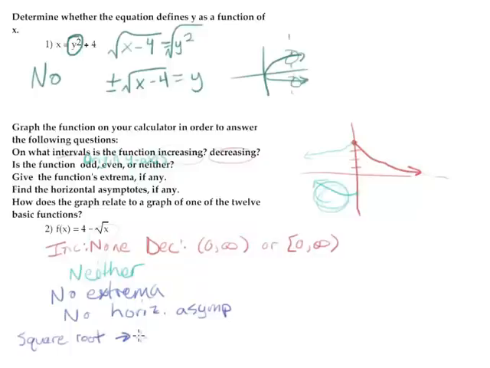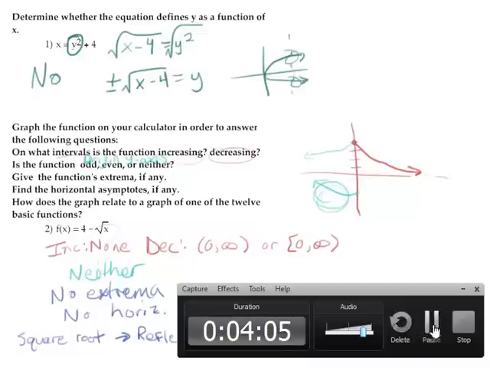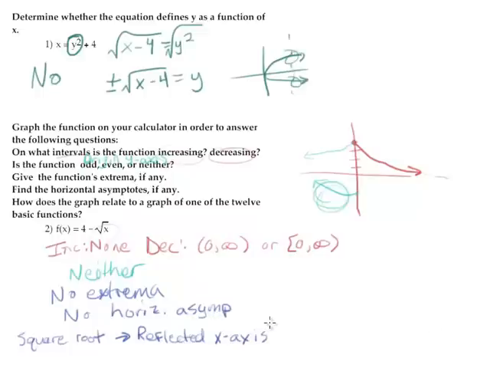They had to have reflected across the x-axis, y-axis, x-axis, no axis. No, seriously, x-axis. They reflected across the x-axis, and then they shifted up 4.